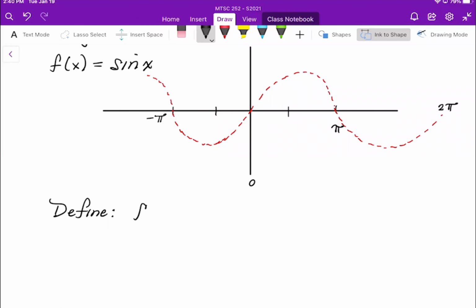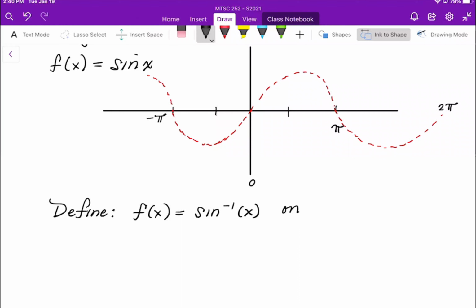But we can define its inverse function. We'll define its inverse function, and it's going to be only defined on the interval zero to half pi.